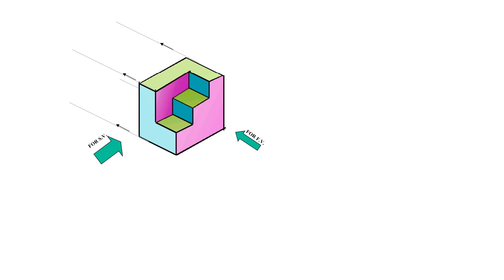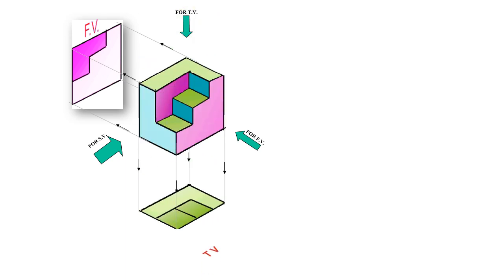Now you can see here the front view is projected. Taking the given direction, this is how the front view will look. Those edges which are visible are drawn from the front view direction and projected.